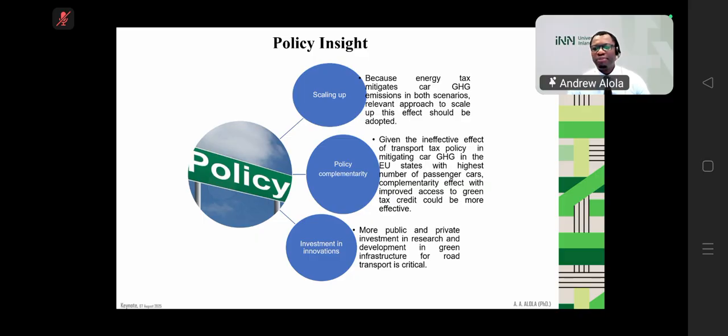And there are different kinds of taxes associated with transport tax. It could be for car registration, for instance, or reuse. So some of these frameworks can also be looked at in order to have a responsible impact from the implementation of tax policy. And the last one will be investment and innovation. I mean, there is no end to investment and there is no end to innovation.